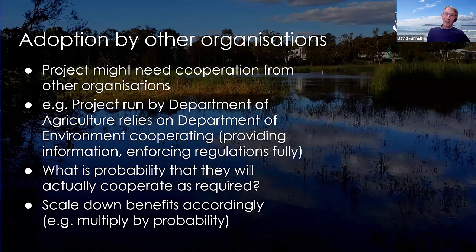In the case that I was looking at, it was pretty poor. They were just letting it go. And so we had to make a judgment and scale down the benefits accordingly. In that case, what we did was we multiplied the potential benefits by a probability, which was a judgment call, that the Department of Environment would actually enforce the regulations.